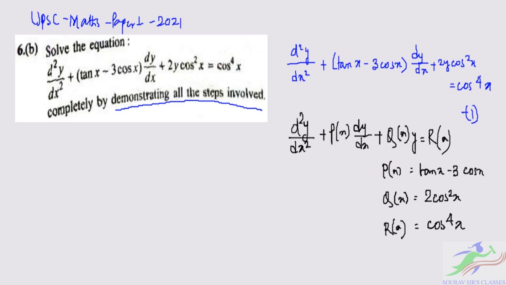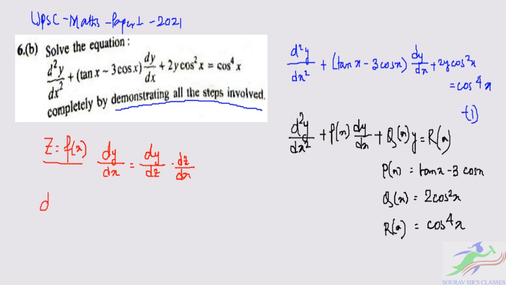So let us solve this equation 1 by changing the independent variable x to a new independent variable z, where z is a function of x, and we can write z is equal to f(x). Then we have dy/dx is equal to dy/dz times dz/dx, right?